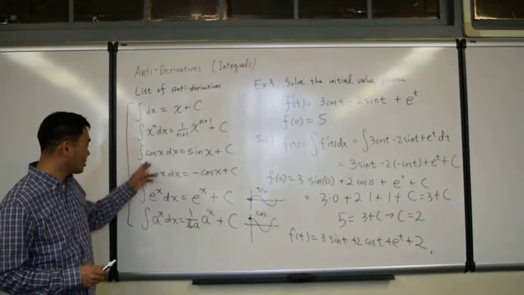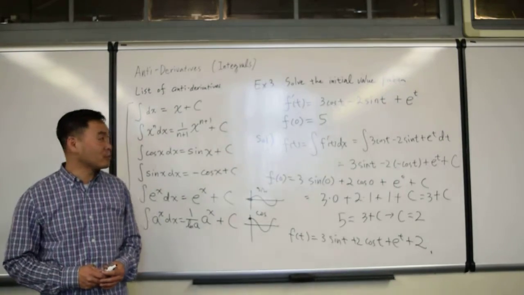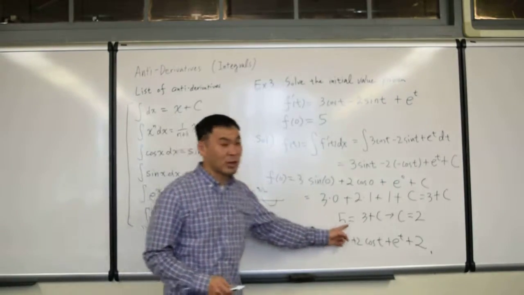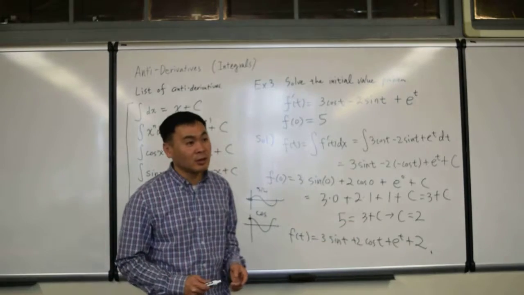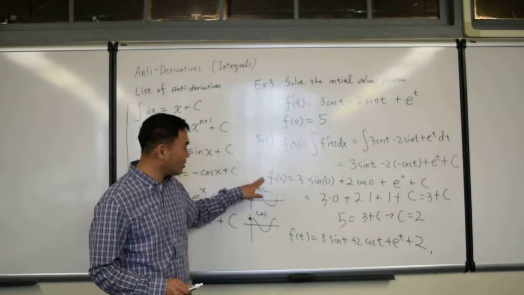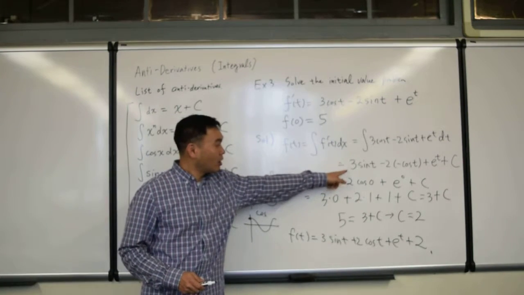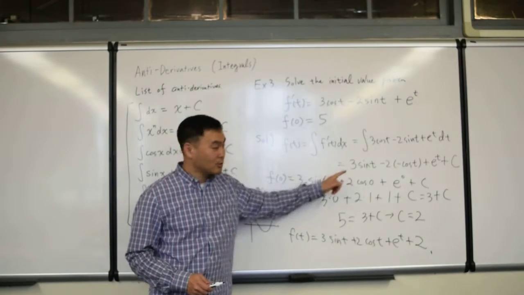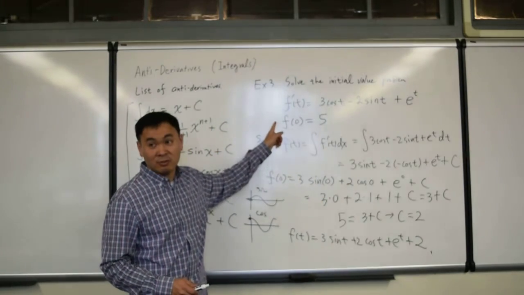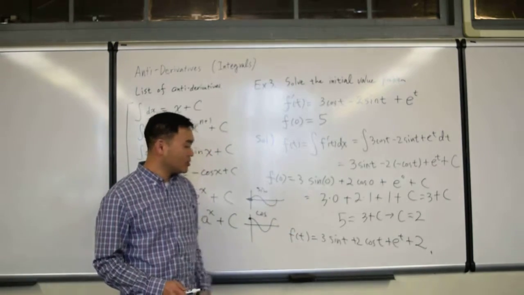If you have cosine, sine, stuff like this, then your c could be different from what's given. You have to actually do the computation. The core idea is that you first integrate, then you evaluate the function at 0, compare it to the given value, get an equation, and solve it. When you solve it, you get the final answer.